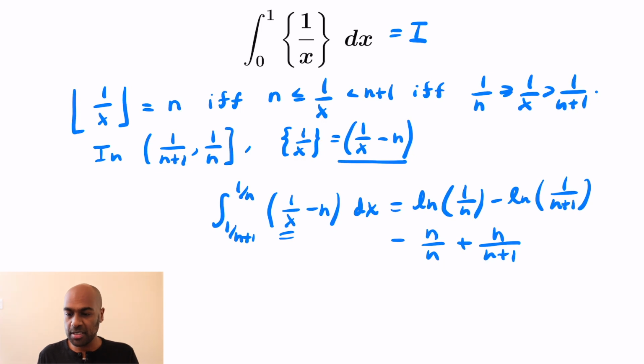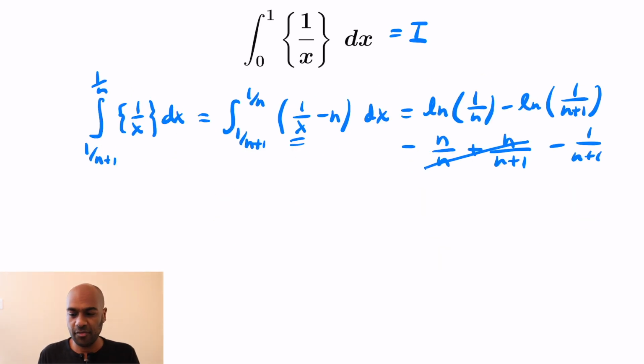Piecing this together, the piece at the end will subtract out, so that's good. This is in terms of n. And then we'll bring the natural logarithms together to make things a little simpler. The fractions give you negative 1 over the quantity n plus 1.